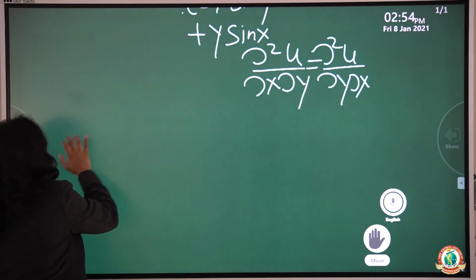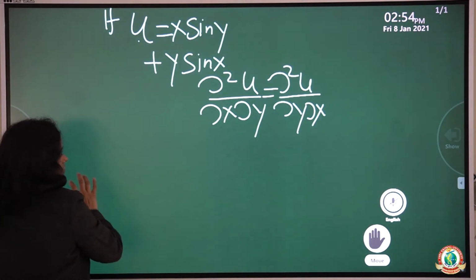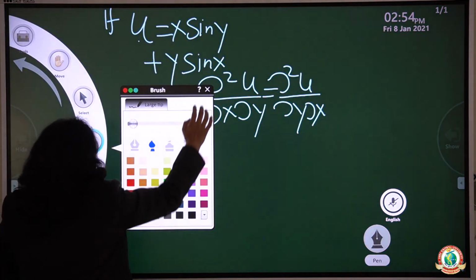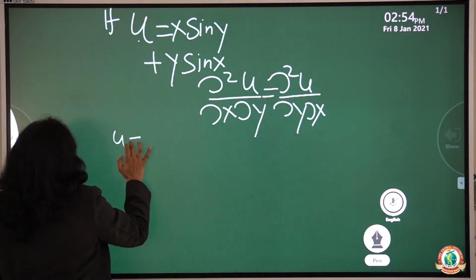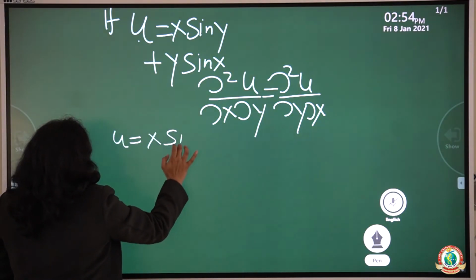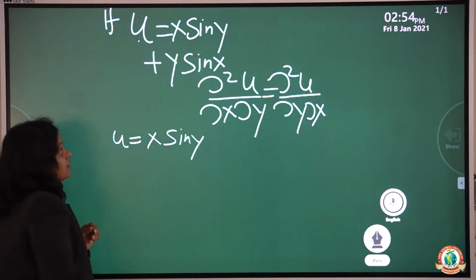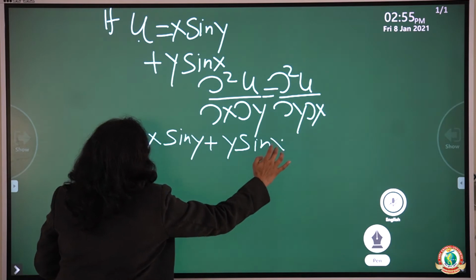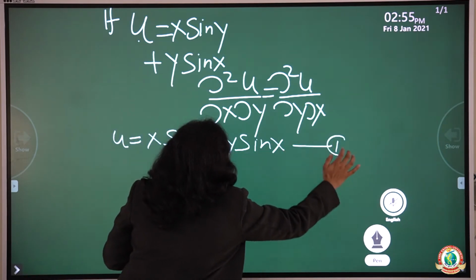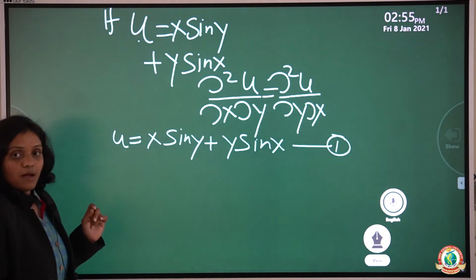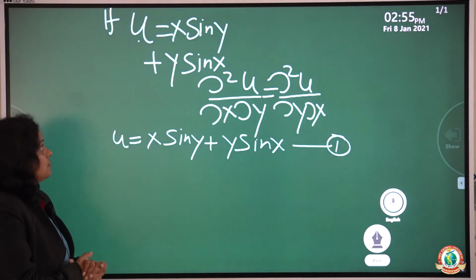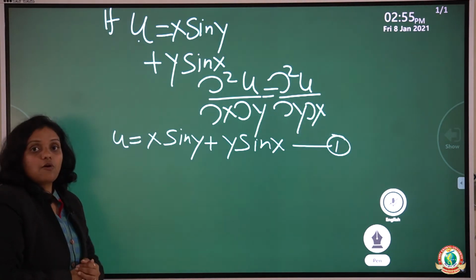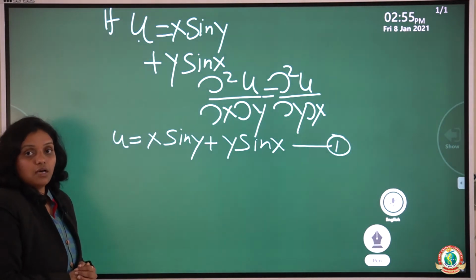Given the equation u is equal to x sin y plus y sin x. This is the first equation. According to the partial differential equation definition, we differentiate this equation with respect to x and with respect to y.